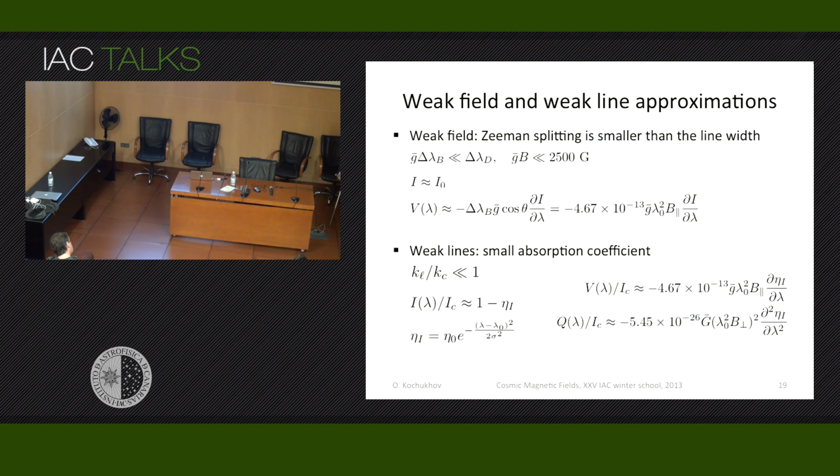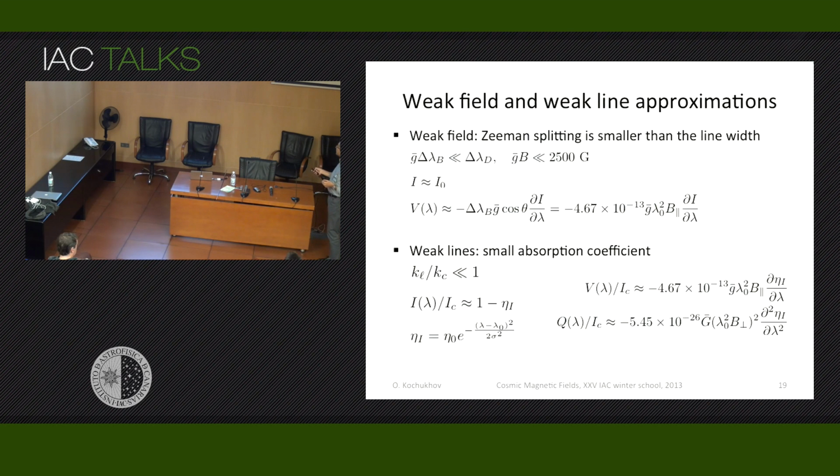But okay, in this situation, when this is valid, it's actually possible to simplify the polarized radiative transfer equations a lot and come to the conclusion, which I will not show here, this derivation, that to the first order there is no effect on Stokes I at all. So Stokes I remains as if the magnetic field is not present at all.